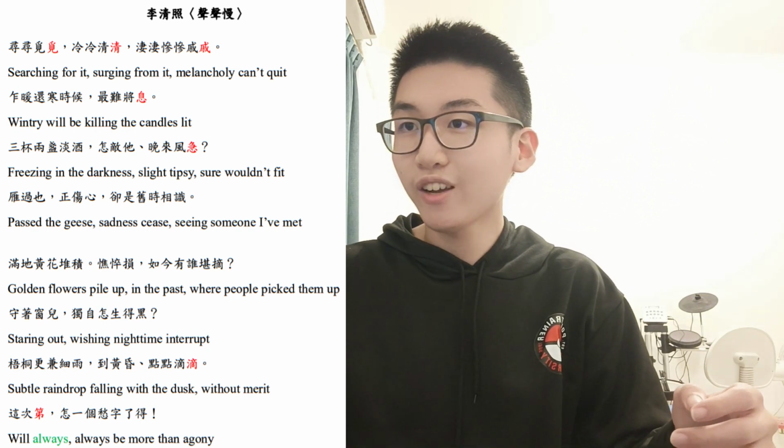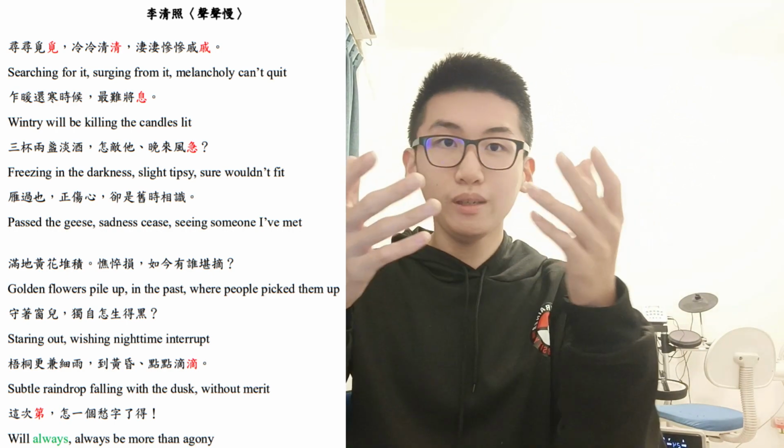Now moving on to the second poem, we have Li Qingzhao's 声声慢. This one, I didn't really spend that much of an effort on translating because it is quite difficult, especially the first sentence, 寻寻觅觅冷冷清清凄凄惨惨戚戚, right?